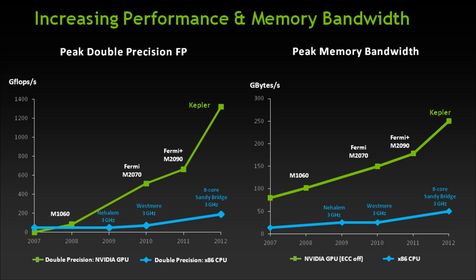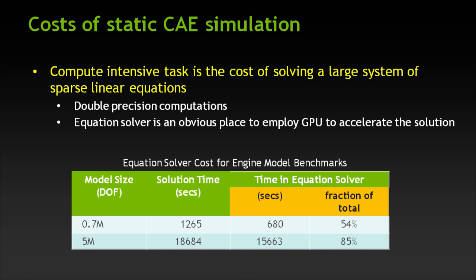So both of these, double precision floating point performance and memory bandwidth performance, are indeed significant for the use of MSC Nastran. The main point again here is there is a performance gap between the latest architecture of the CPU and the GPU, the CPU architecture being Sandy Bridge and the GPU architecture being Kepler, and that performance gap continues to widen.